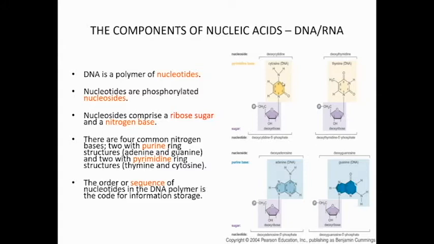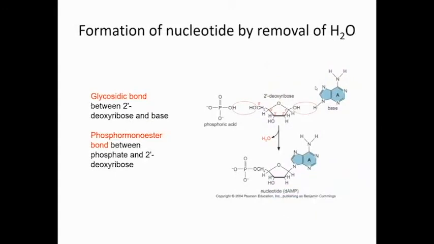Correct, yeah. Okay. And here, just to show you how they form this monomer through the dehydration reaction. So, for example, the glycosidic bond between the nitrogen base and the sugar. And this is the number of the carbon, okay? So 1, 2, 3, 4, 5, all right?